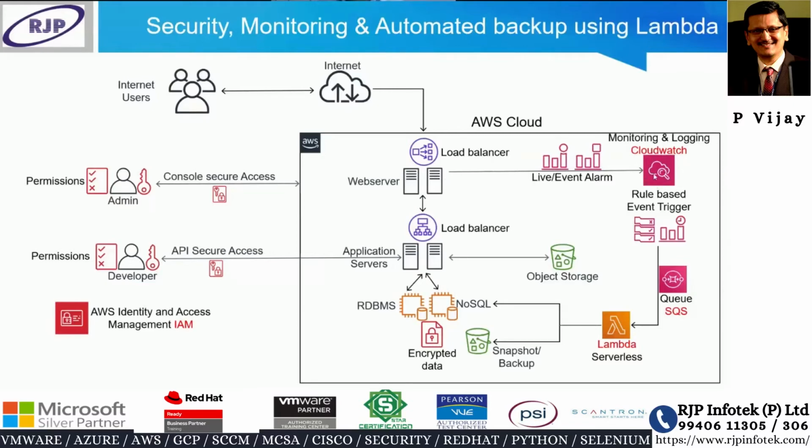You can also configure it to trigger backups. The trigger can be queued and sent to the program executor, which is the serverless computing of AWS called Lambda. And Lambda takes a backup, which is technically termed a snapshot. All these are AWS components. Okay. So let's have a look at a few more components.